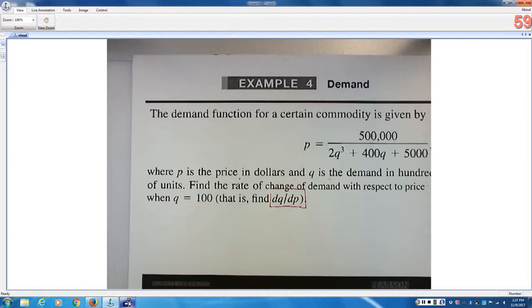Which is tricky. So I'll let y'all think about that for a minute. Can you solve that for Q?